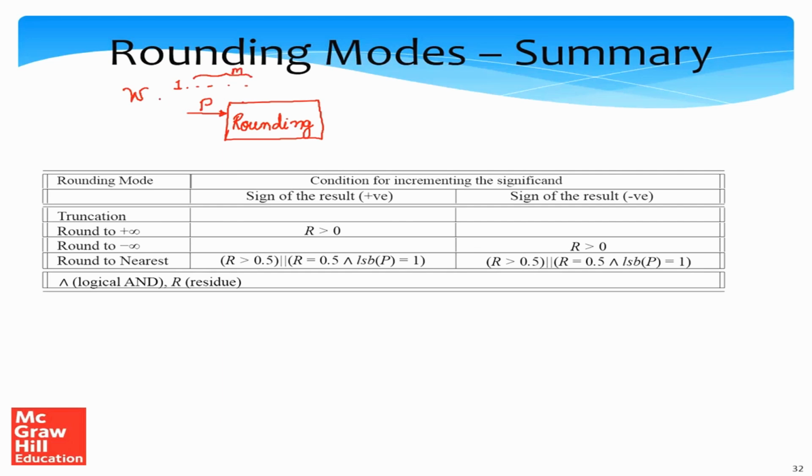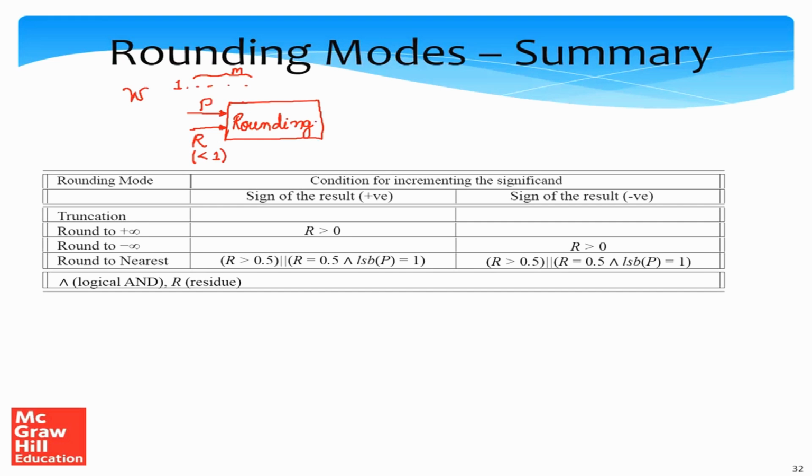That is our significant, which we have extracted out of the final result of the mathematical operation, be it addition or subtraction, but we'll talk about just addition with the same signs for the time being. Then we send this number, which is actually a 24-bit number, as the significant, and we also send the residue, which is less than 1.